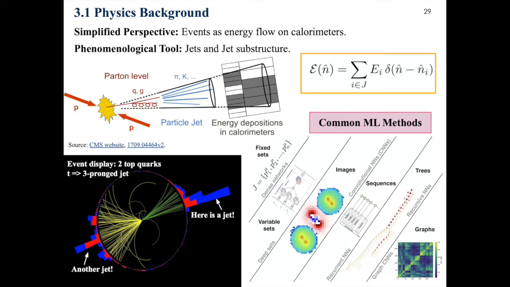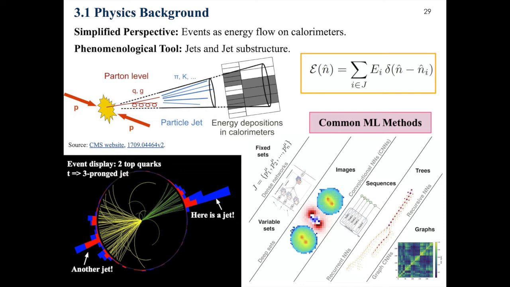So we can therefore represent each collision event as an energy flow on the calorimeters like this. For example, we see an event display for a t-tbar event where each top quark subsequently decays into a three-prong jet, shown as higher energy deposits here, one jet, another jet.